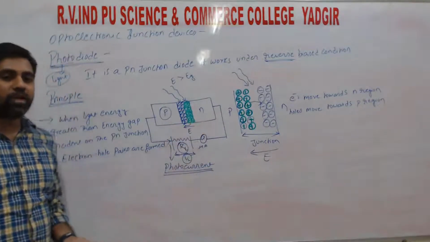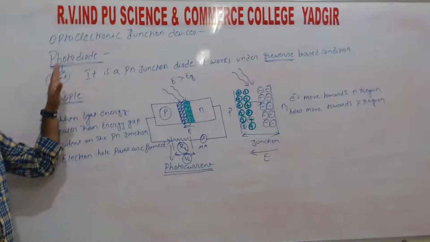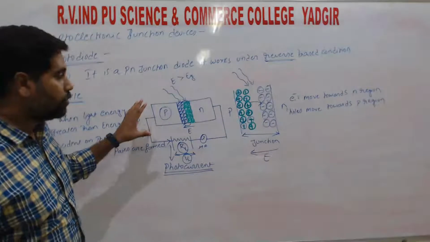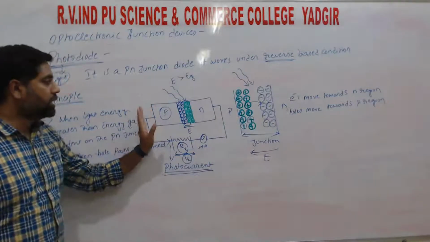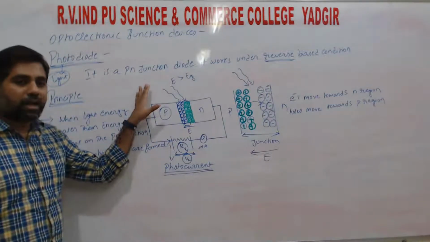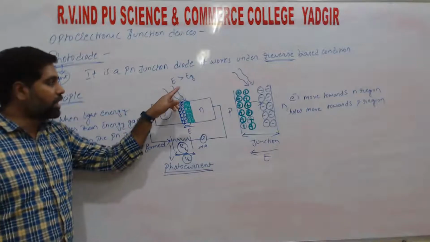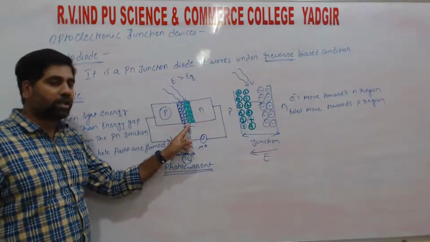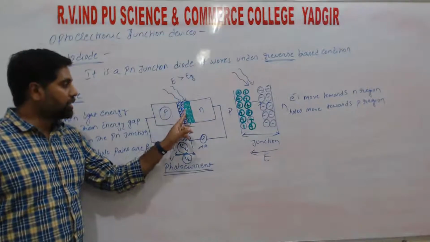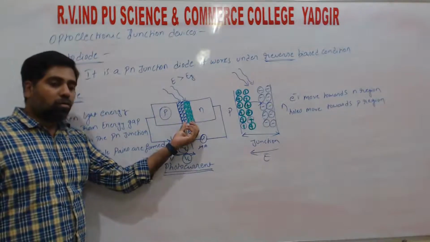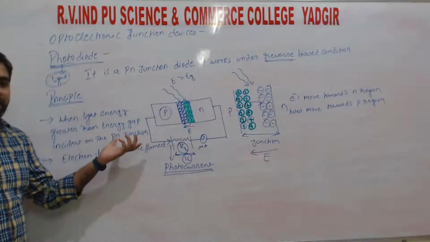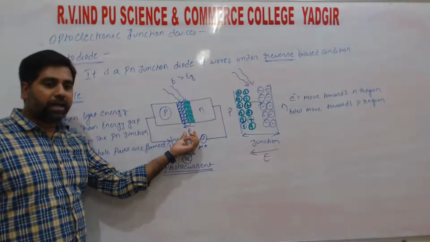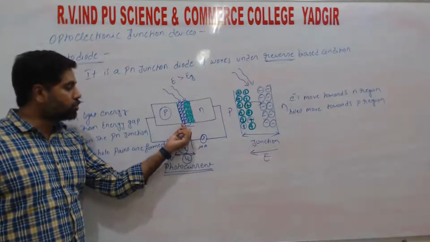So this is about the principle of the photodiode, right? What happens in a photodiode is, when the PN junction is subjected to external light having energy greater than the energy gap, electron hole pairs are formed, and an electric field is formed from positive charge to negative charge.